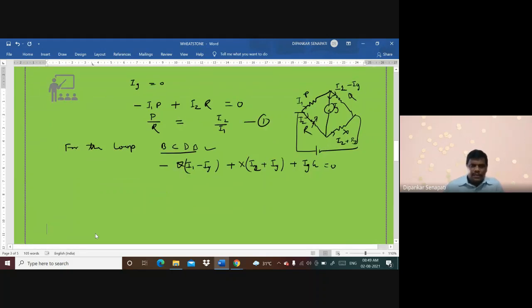At the balanced condition, or the equilibrium condition, when Ig is equal to 0, what you can write is minus Q into I1 plus X into I2 is equal to 0.